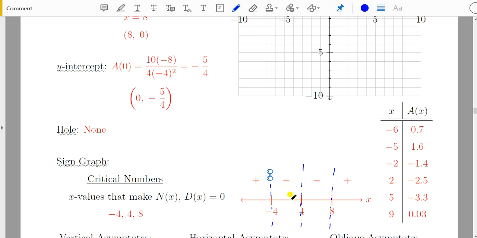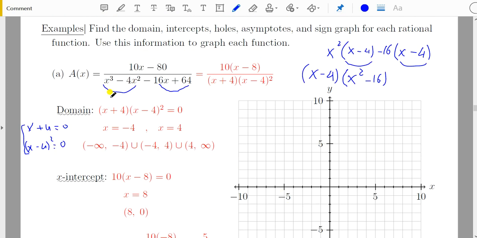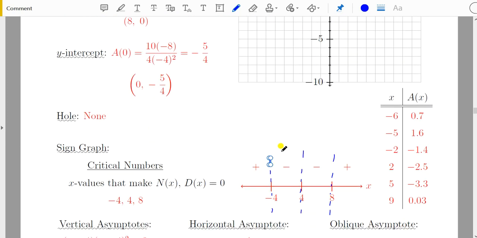Between minus 4 and 4, maybe I pick 0, and I substitute 0 in for x, and my original function tells me it should be a negative value. Between 4 and 8, maybe pick x to be 5 and substitute that in for x, and I get some negative value. I do the same thing on the right side of 8, and I get a positive value. Getting the sign of the graph will help me later to graph the function, and we will see that shortly.